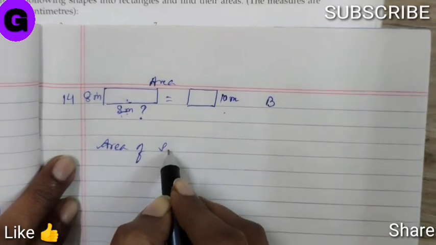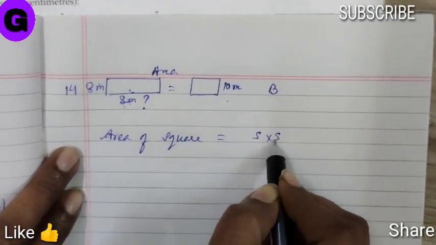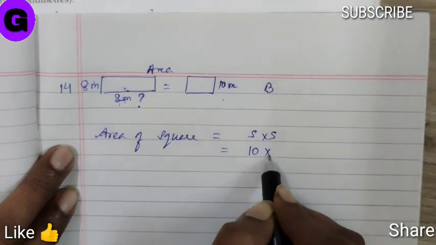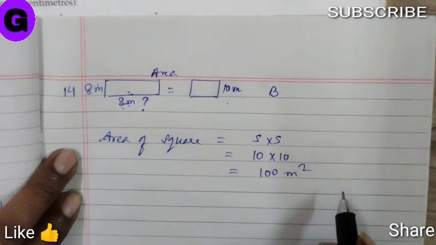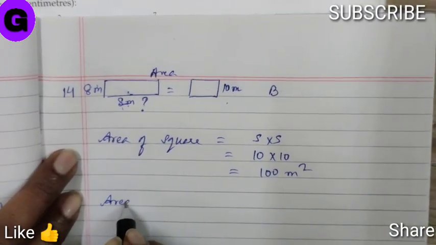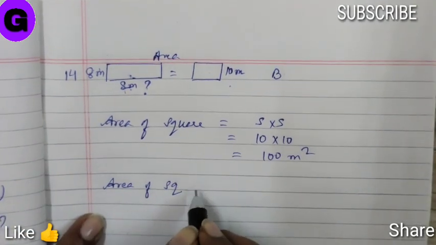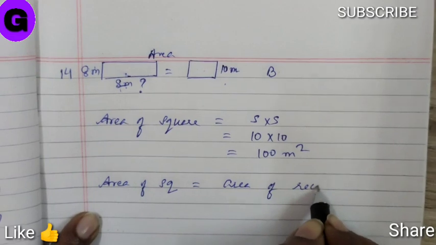Area of square is equal to side into side is equal to 10 into 10 is equal to 100 meter square. And they have already said that area of square is equal to area of rectangle.